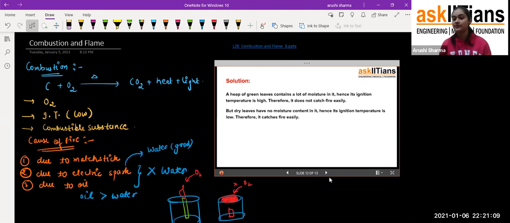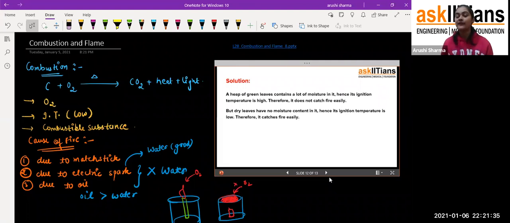That's the problem, students. Like in the last session, I gave you a daily life example: whenever it is the winter season and we want to burn some wood to get heat, if we are not having electrical heaters, we use dry wood, because dry wood catches fire easily.